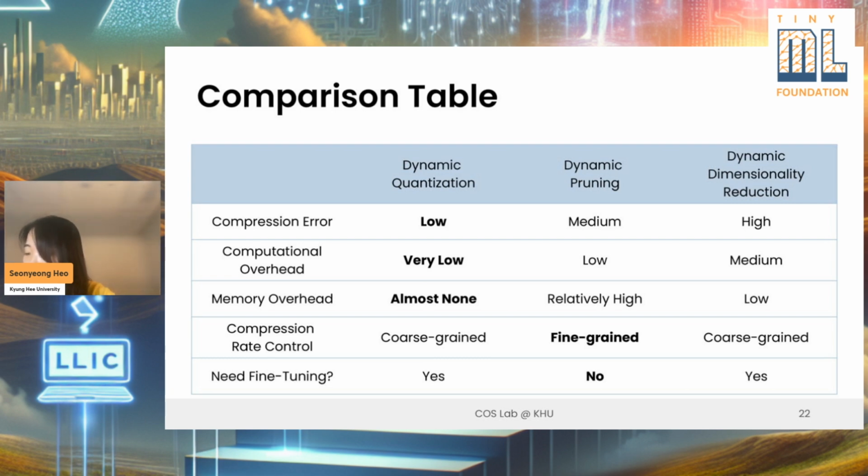Dynamic pruning also does not need fine-tuning because it only prunes values that are less than the threshold. However, the dynamic quantization, especially weighted quantization, needs fine-tuning to find the optimal clustering for KV values.